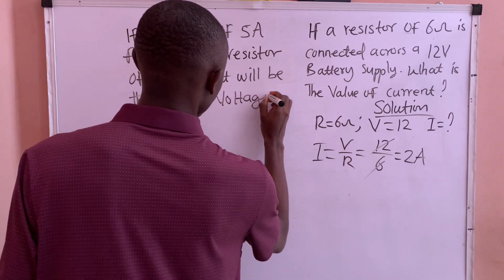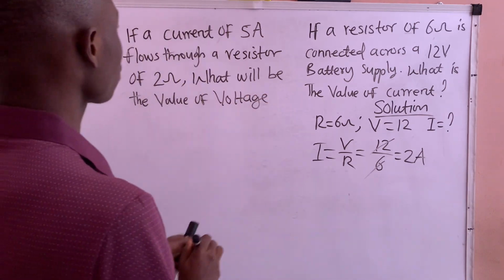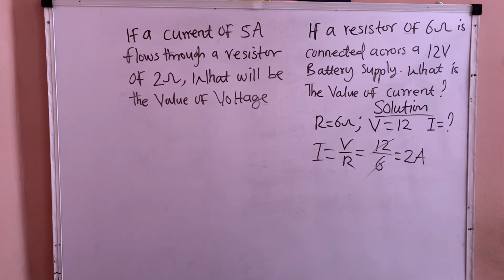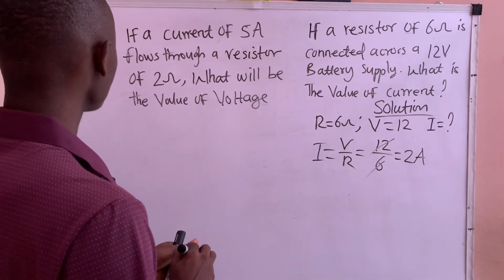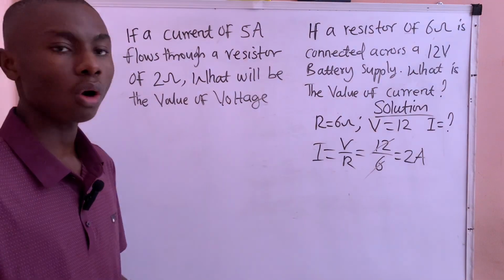We are asked to find the value of voltage if a current of 5 amps flows through a resistor of 2 ohms. What is the value of voltage?